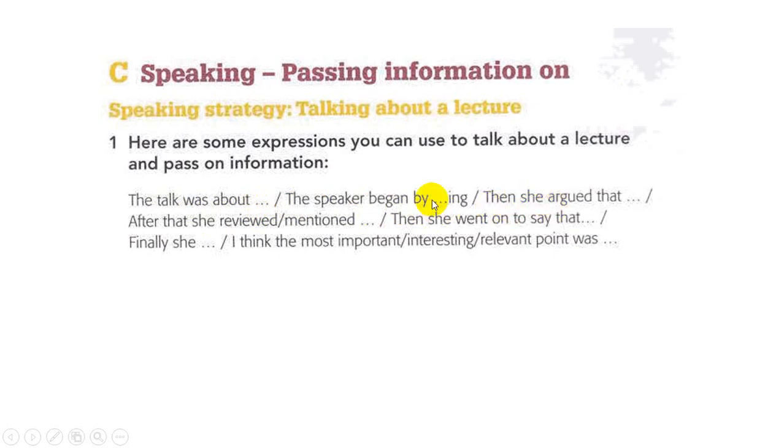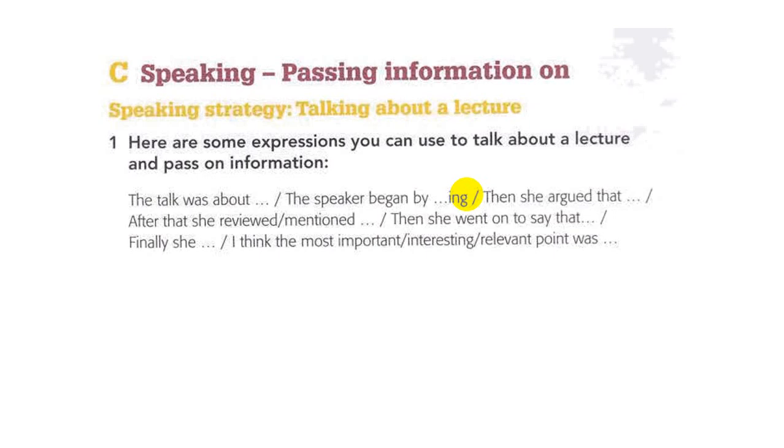These are expressions you can use to tell your friend what happened inside a lecture. For example, if your friend was absent or not mentally attending, you can use these expressions to talk about a lecture and pass information to your colleague or friend.